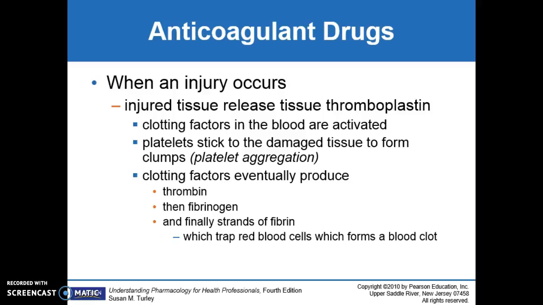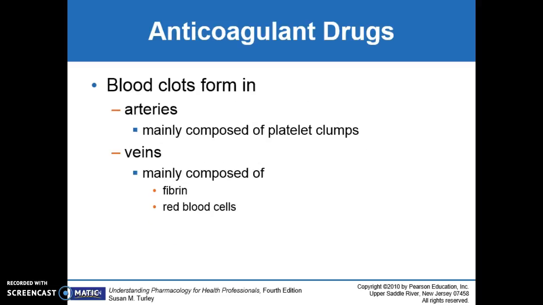We can get those clots in a lot of different places. We can get them in arteries. We can get them in veins. So what we want to do is prevent those blood clots when injuries and things like that occur, because if we have a blood clot, obviously, then the blood's not going to be able to flow properly.